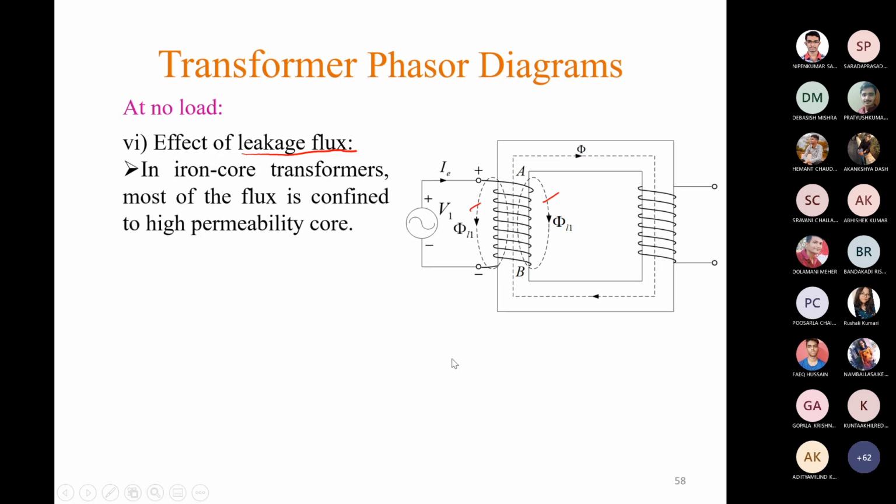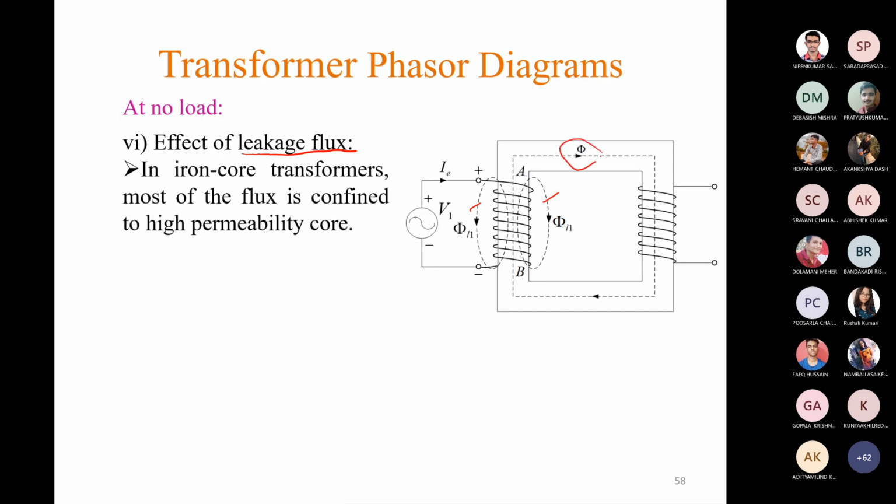Any flux which is produced by any winding and linking with the same winding only, and is not linking with any other winding, is called the leakage flux. Here, in an iron core transformer, most of the flux is confined to the high permeability core. That means the maximum amount of flux produced by this primary winding remains confined within this core.